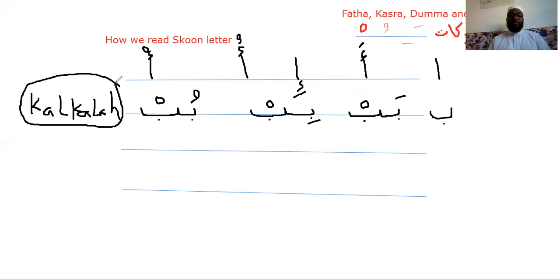The first one would be ba with fatha, just ba. But when you pronounce the sukun one, it will be with qalqala: bab, bib, bub.